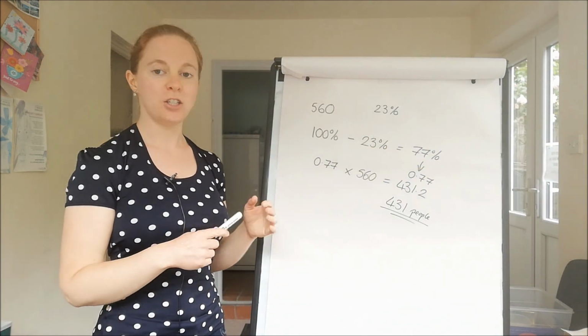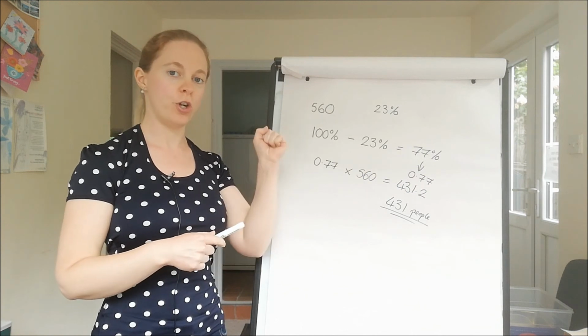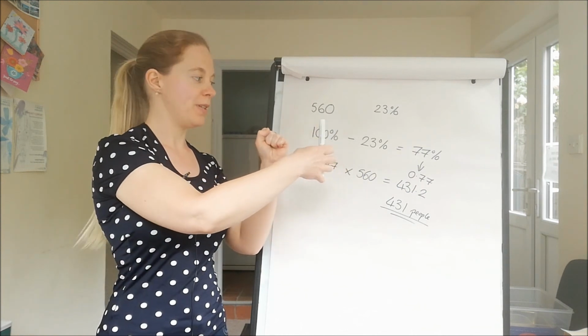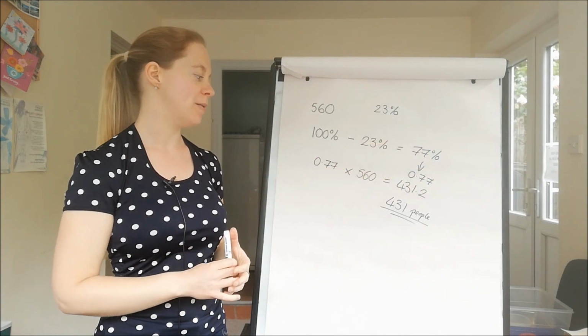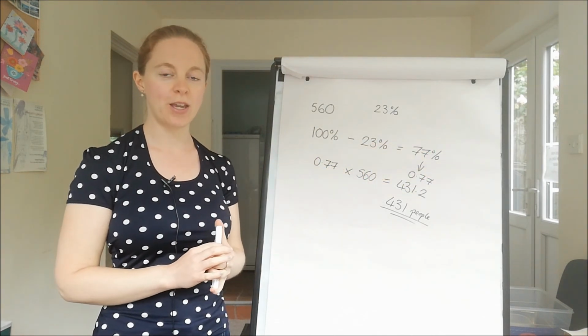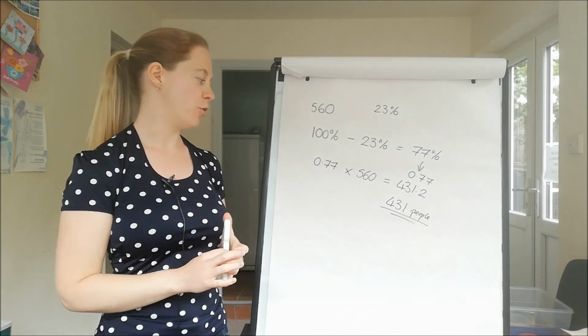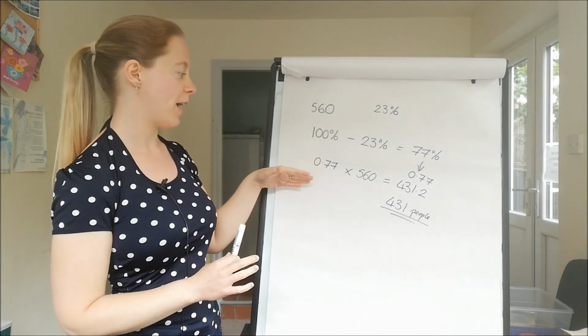Or if it's a percentage decrease, then you're going to have 100% minus some percent, which will again give you a new percentage that you can convert to a decimal and just put straight into the calculator. All right? And those are the quickest ways of doing it with a calculator.